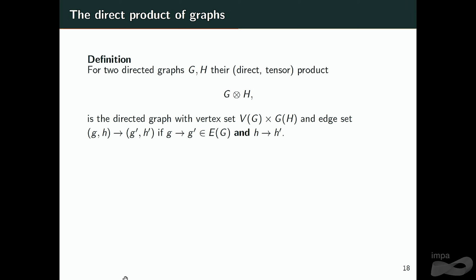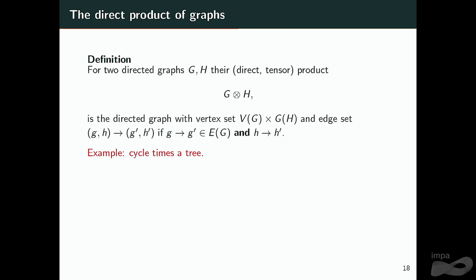So the product has a vertex set corresponding to the Cartesian product of the vertices of G and H, and the edge set follows the edges in both graphs, right? So a pair (g, h) of vertices in G and H will go to (g', h') if and only if g goes to g' and h goes to h'.